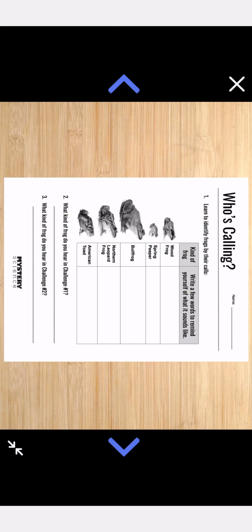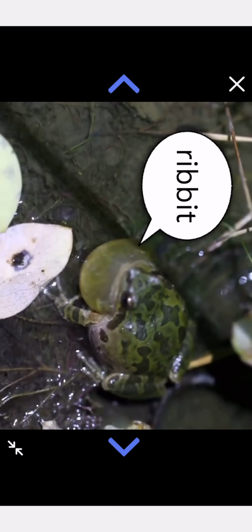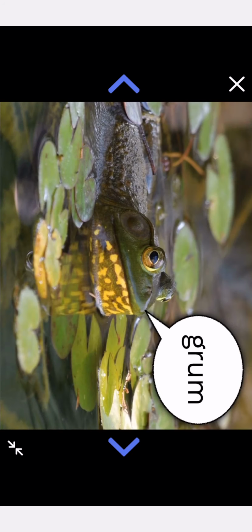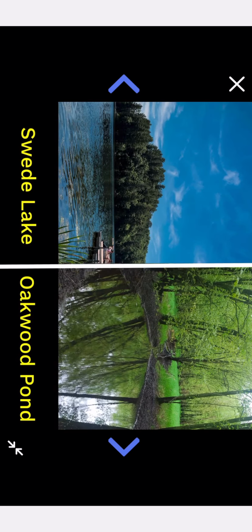When you did the activity, you learned to identify different kinds or species of frogs from the sounds that they make. Sounds that scientists like to describe with words like ribbit for the Pacific chorus frog or grump for the American bullfrog. Then you compared the sounds of frogs from two different places to figure out which place had more species of frogs.